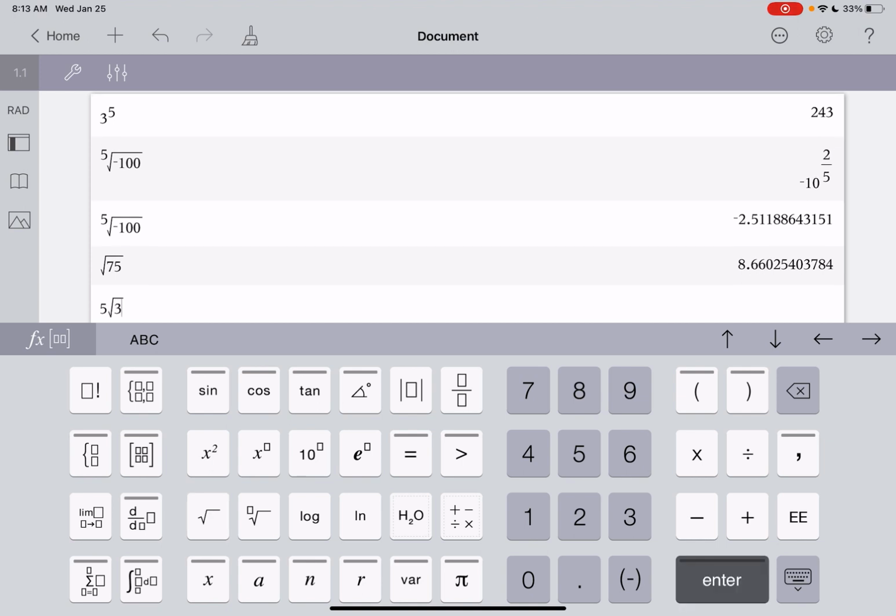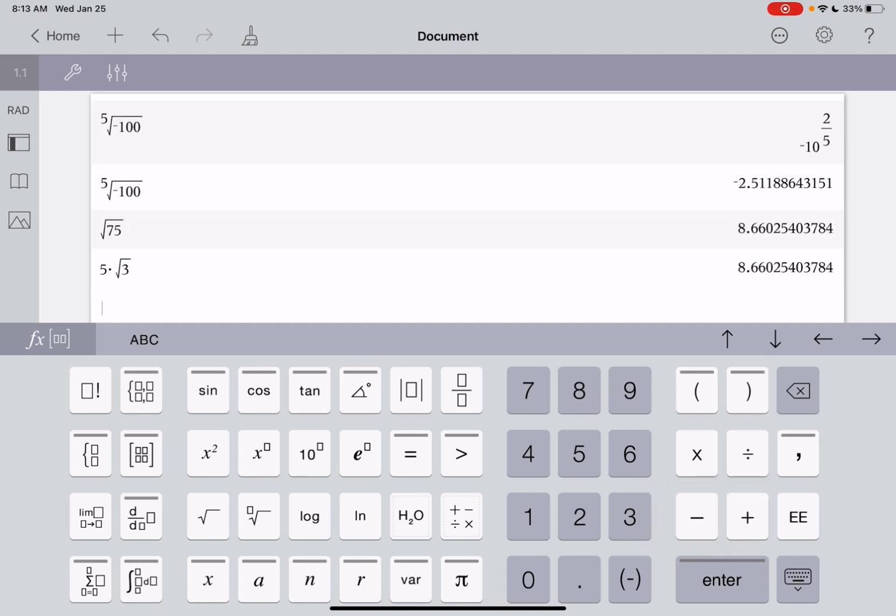Now, I want to prove to you here that what we just did did not change the value of this number. It just changed the form. So check out what 5 root 3 is as a decimal. Exactly the same as the square root of 75. But back in the 50s and 60s, maybe even before that, what students had to do is take 5 and multiply it by a memorized decimal approximation for the square root of 3, which I believe is 1.732.